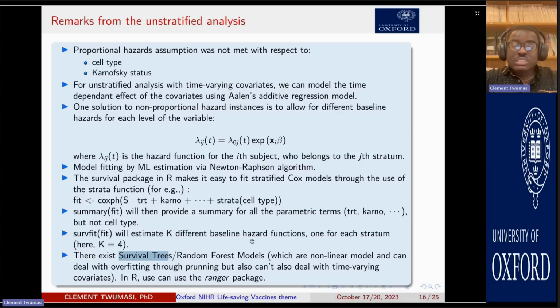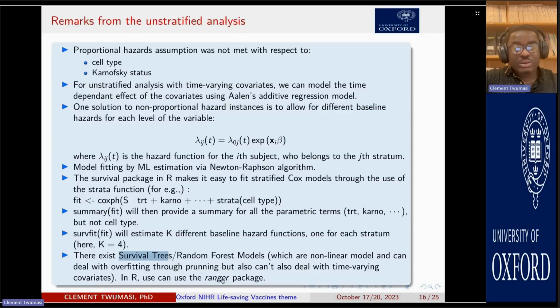So in situations where some of your predictors have a nonlinear relationship with your outcome, one of the most robust ways to model that is to use survival tree models. It's a nonlinear model and can also deal with overfitting, because you can prune the tree to minimize overfitting of your model.